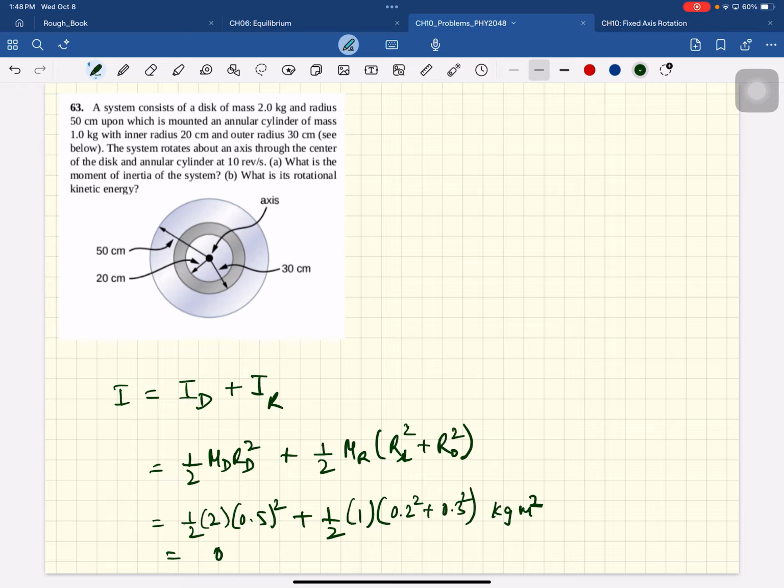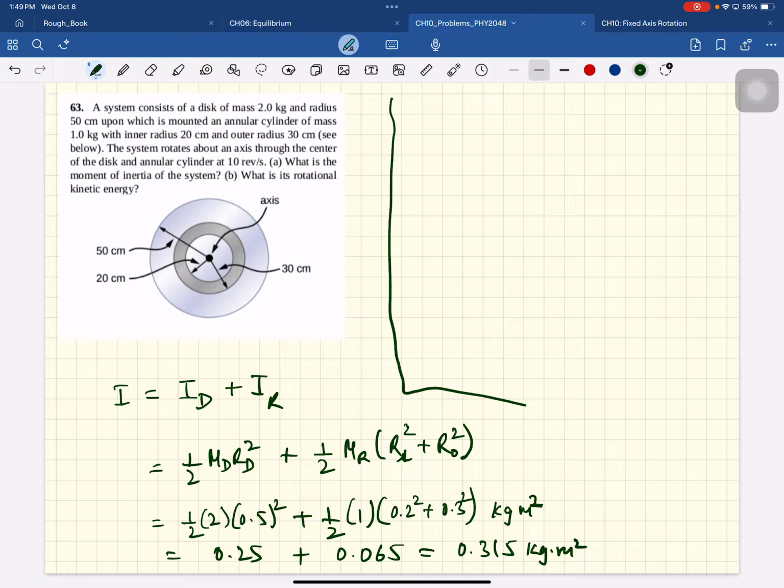So this is 0.25 plus, this is 0.04 plus 0.09, 0.13, times 0.5, 0.065. So 0.315 kg meter squared. Okay, so that is the moment of inertia of the combined object.